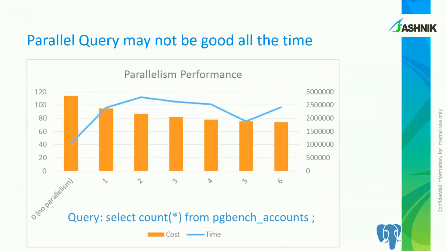It further degraded when I increased it to 2, but it became a little better when I started increasing the degree of parallelism further until with 5 worker processes, it gave me somewhere around 60 or 70 odd seconds. It took around 60, 70 odd seconds to execute the query, as compared to around 45 seconds, which it had taken when I was using no parallelism.